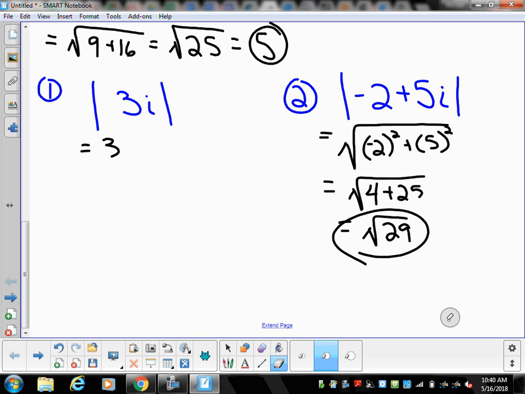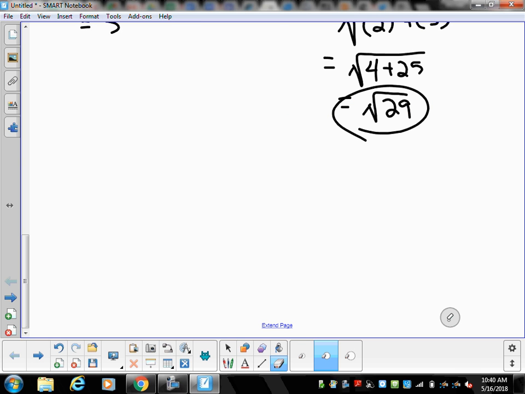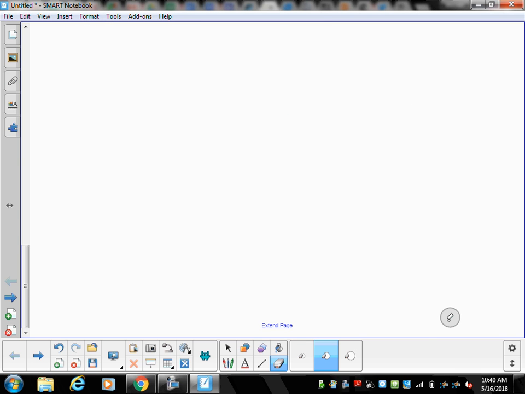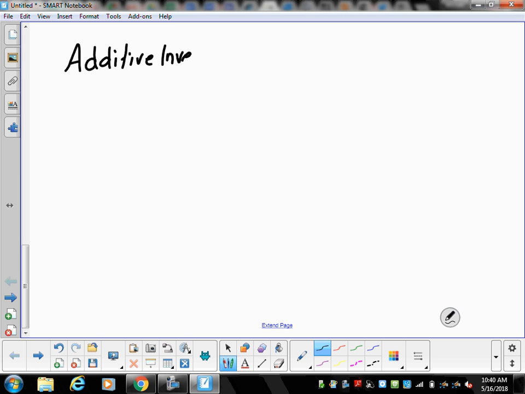All right. Okay, so let's move to another kind. So that's absolute value. Not too difficult for absolute value. The next part we're going to work on is called the additive inverse. This is not too difficult either.